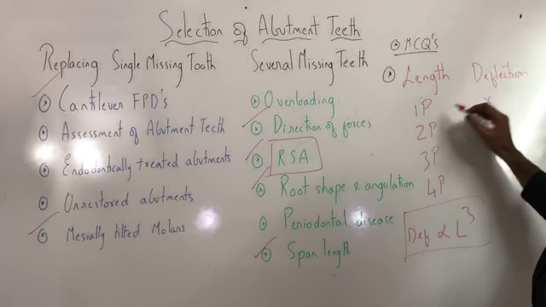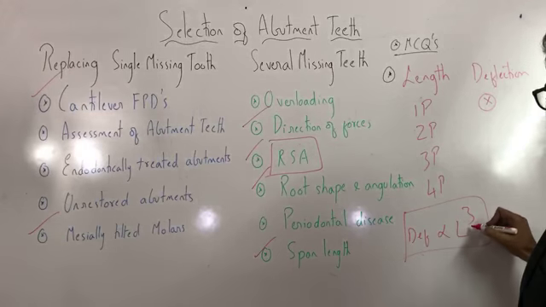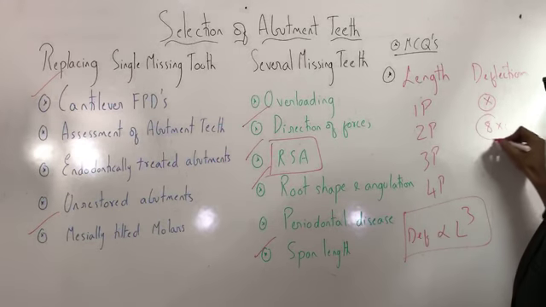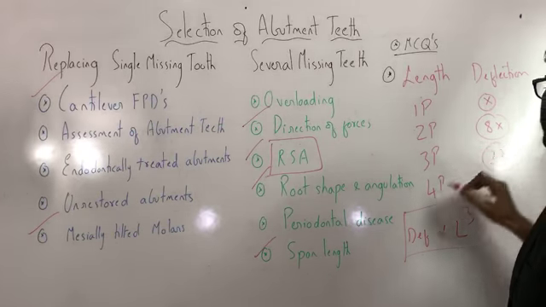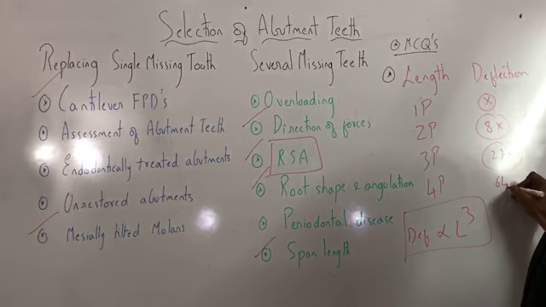So the deflection would be 2 cube, which is 8x; three pontic, 3 cube, 27x; four pontic, 4 cube, 64x.